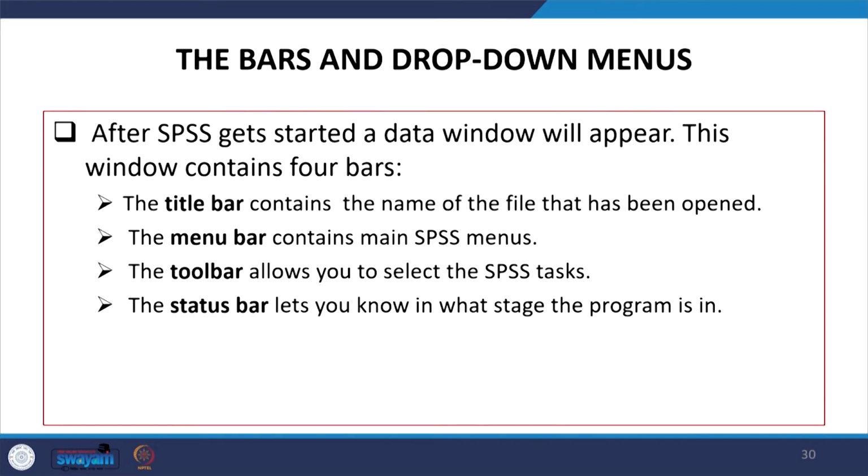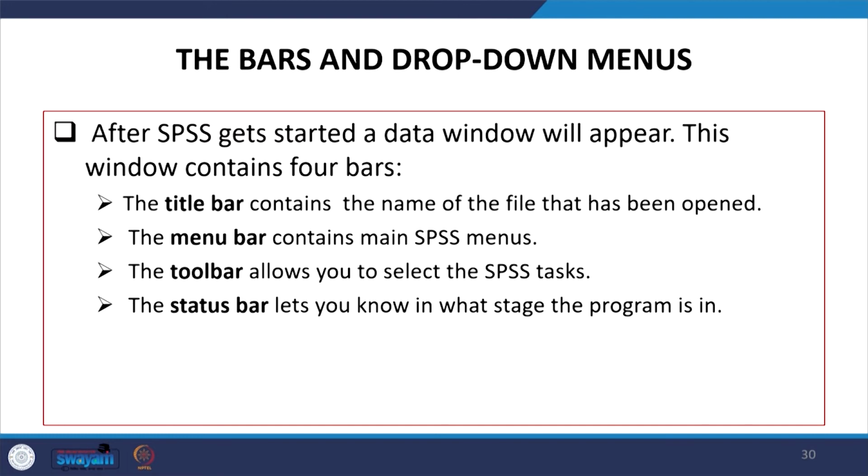The bars and drop down menus are very important in SPSS. After SPSS gets started, a data window will appear. This window contains 4 bars, which is quite important: the title bar, menu bar, toolbar and status bar.